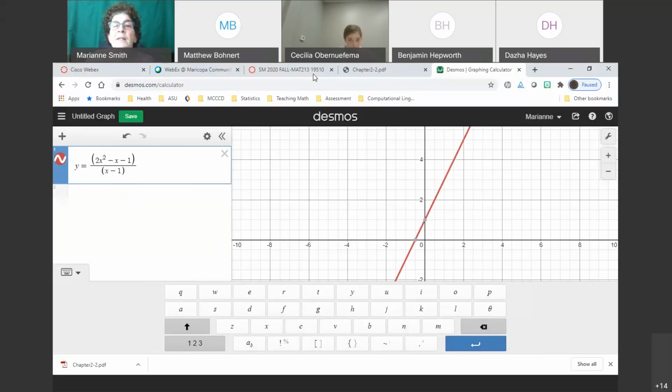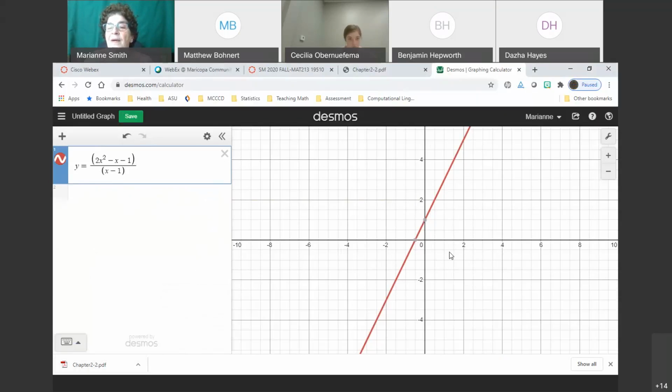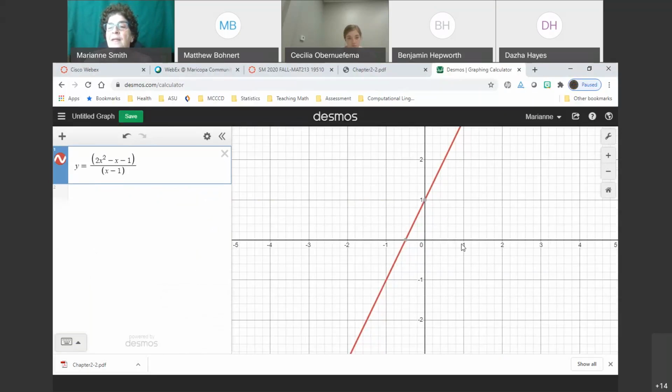So again, remember, if you're graphing in Desmos, make sure it looks like what you expect. I want the whole polynomial in the numerator and the whole polynomial in the denominator. Now again, it's showing me intercepts, but I want to know what's happening in this graph when x is 1. So I find x is 1, and I can zoom in if I want. It gives me 1.